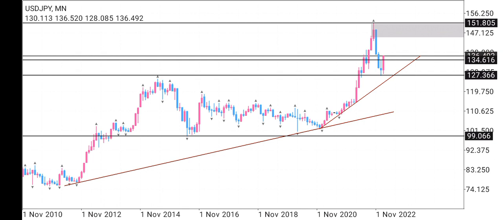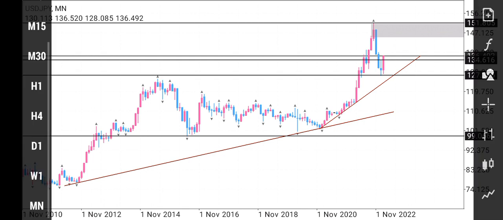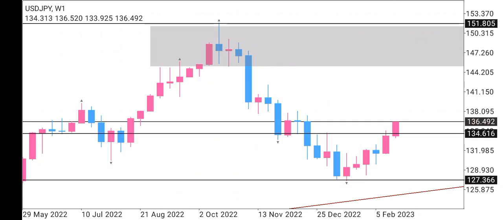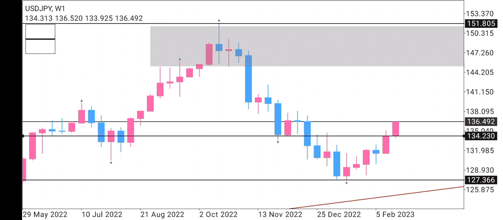So I will now go down to my weekly time frame. What I will do on my weekly is the same thing I do on my monthly. I can adjust this.